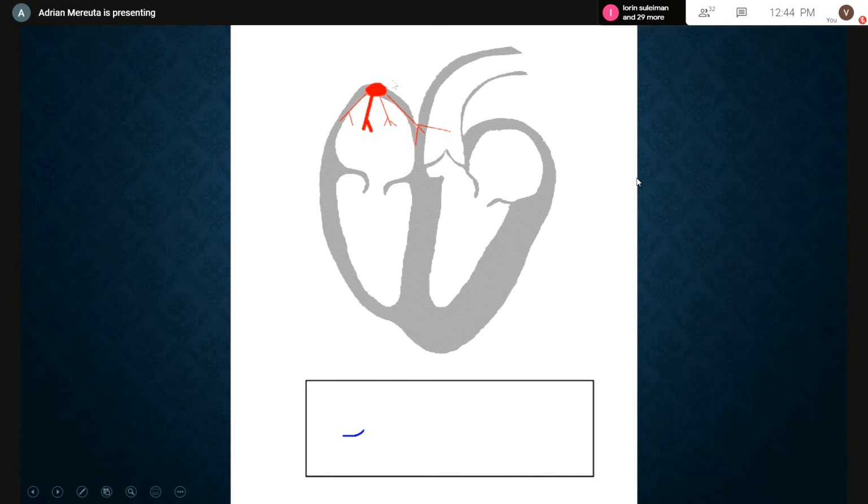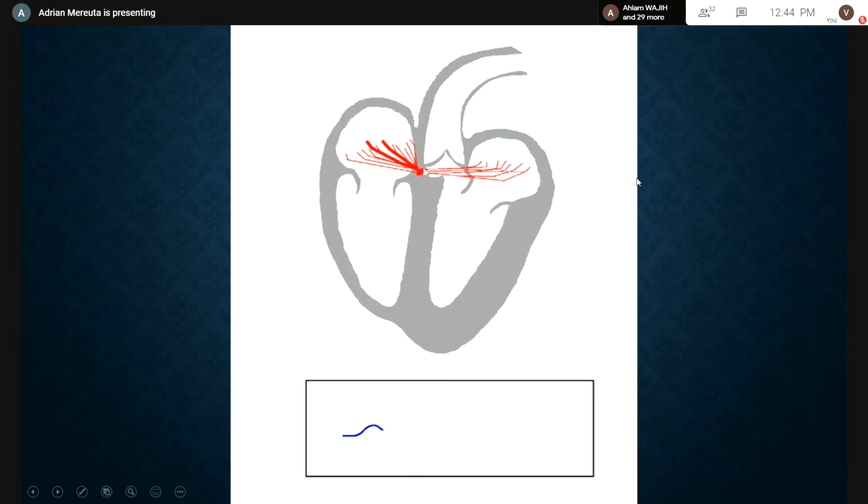How does the depolarization, the impulse, spread? It is born in the sinoatrial node. After that, it goes through the atrial fibers of the right atrium and specific fibers in the left atrium, until it arrives in the atrioventricular node.